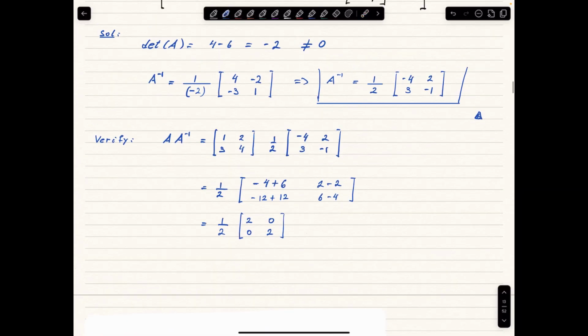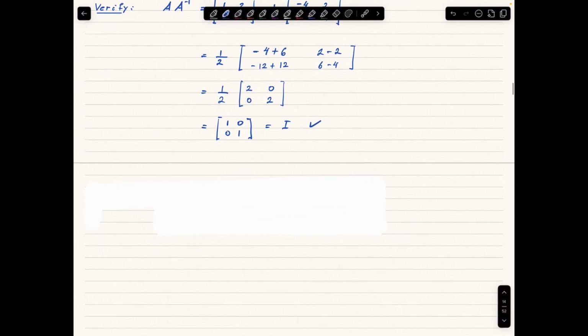So we get identity 1, 0, 0, 1, which is what we call the identity matrix. So we verify that this is the inverse matrix. We need to do the other product, but it's going to work.